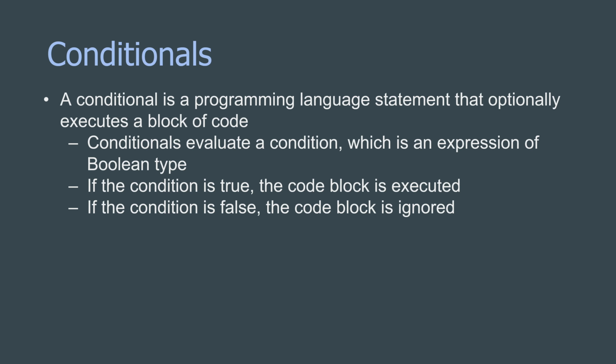So we had things like logic operators and comparison operators that returned Boolean values. We'll typically use these operators in conditional statements. If the result of the expression is true, then we execute the block of code. And if the result of the expression is false, then we do not execute the block. There can be one line of code in the block, or there can be many lines of code in the block.